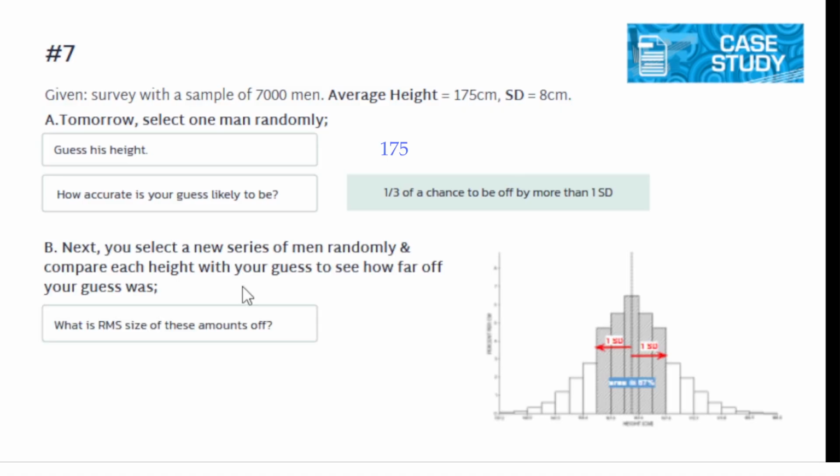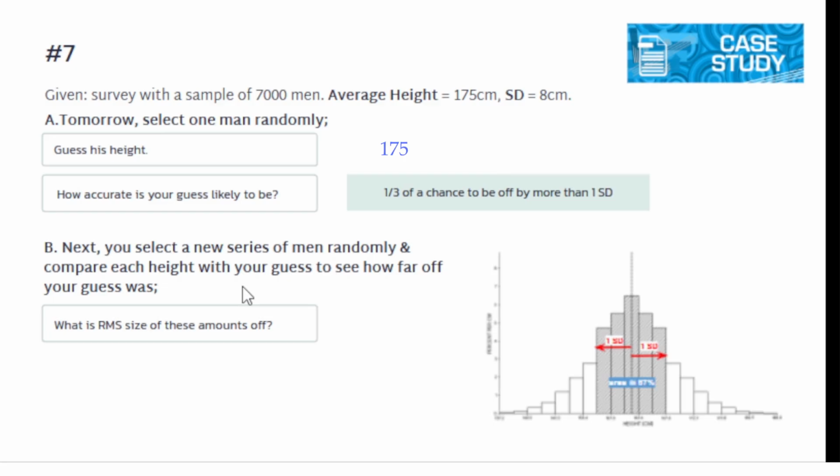The next question is, you select a new series of men randomly and compare each height with your guess to see how far off your guess was. How would you do that? You want to understand what is the RMS size of these amounts off from the average. So the average, the standard deviation.